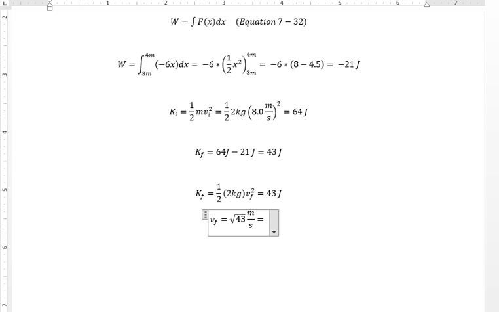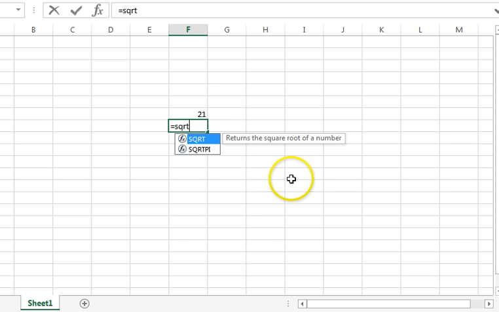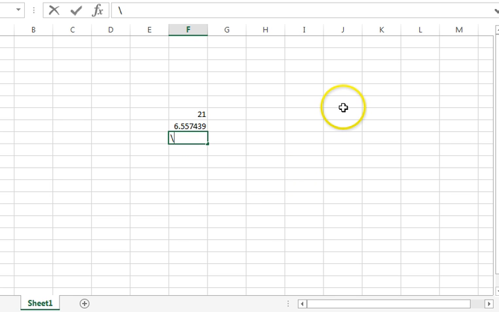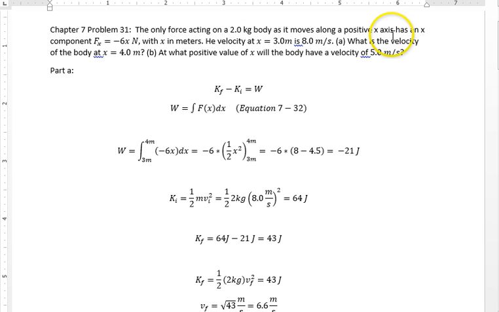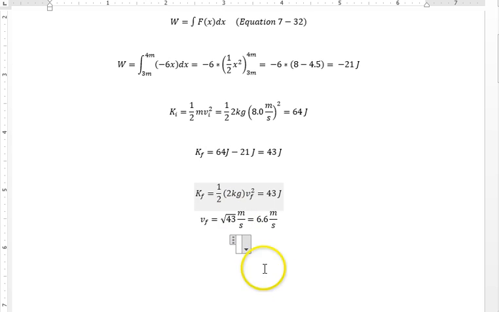Right? The square root of 43 is 6.6. So V final is 6.6 meters per second. Okay, that's it. What is the velocity of the body at the 4 meter mark? This is the velocity of the body at the 4 meter mark.